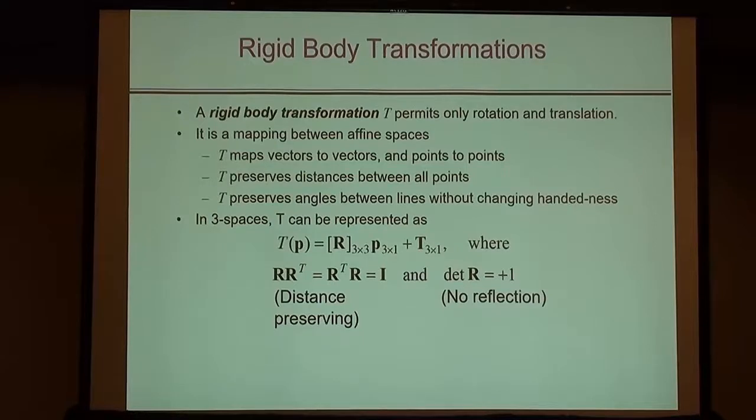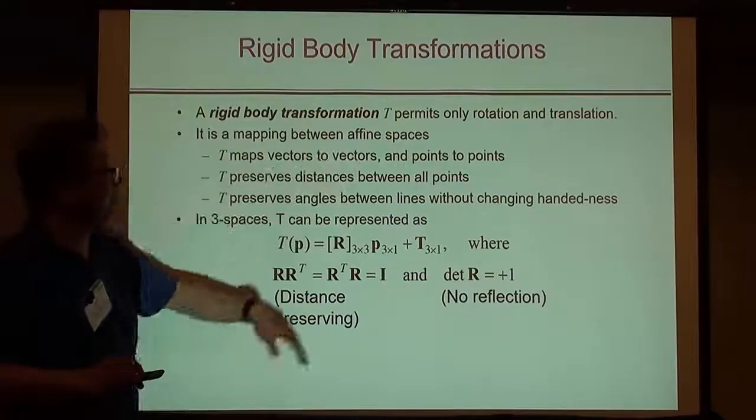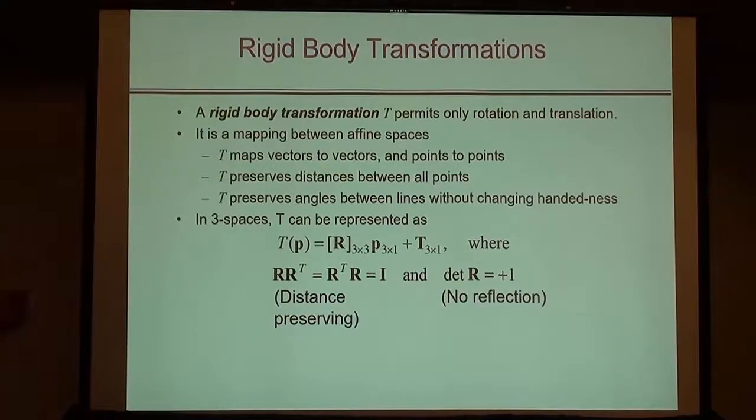Rigid body transformations. This stuff is well known. Basically, a rigid body transformation is rigid, meaning before and after, the distance between two points remains the same, and the angle between two lines remains the same.